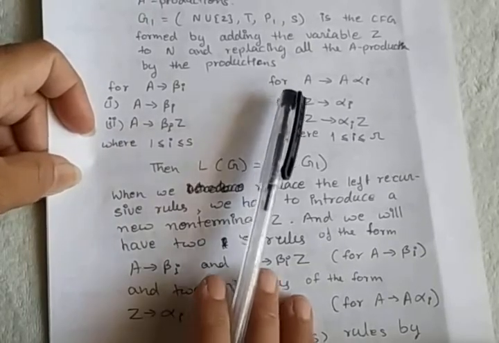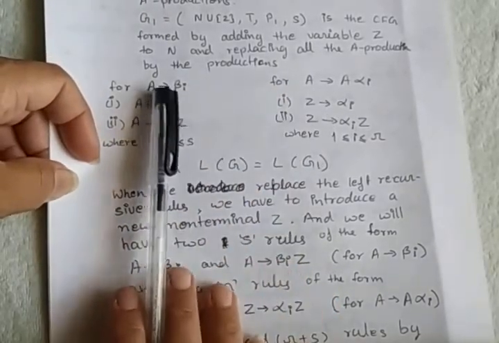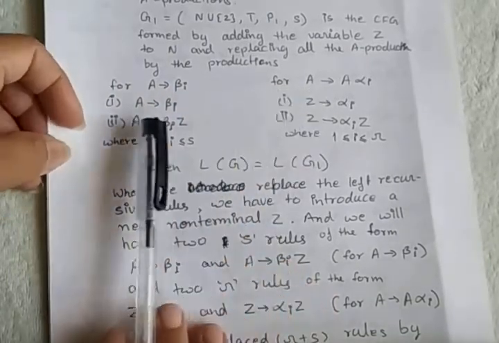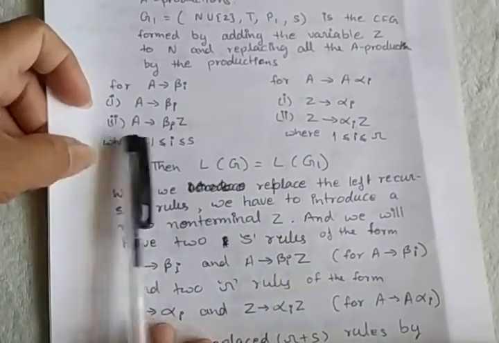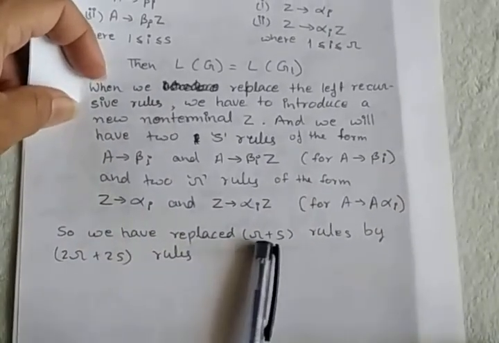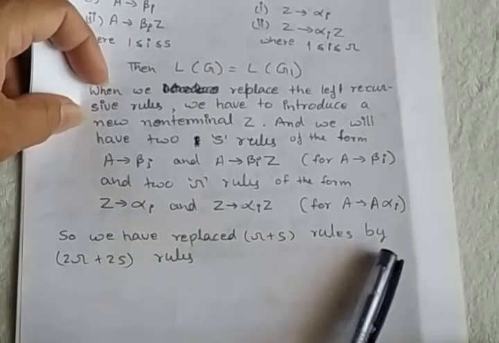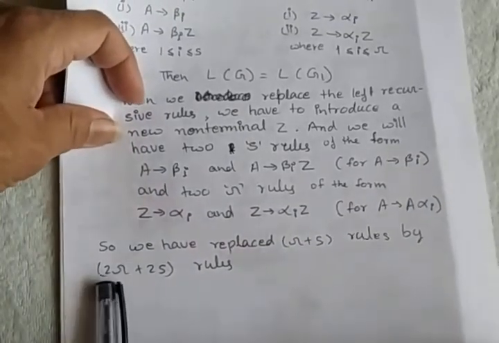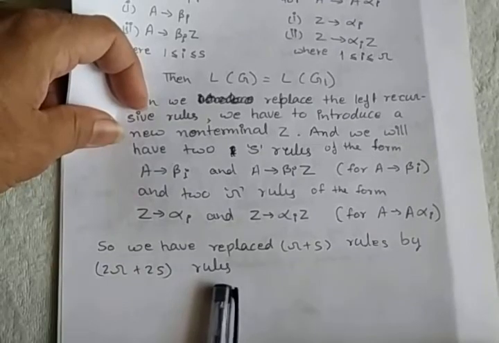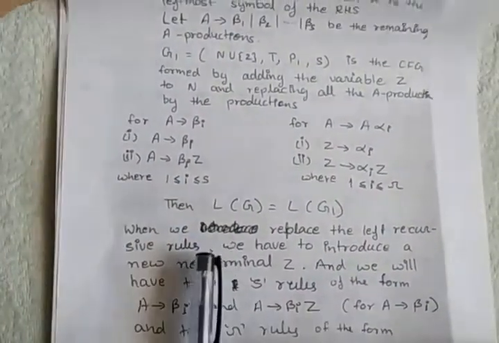So for removing one rule here, we are introducing four rules, right? So if we replace R plus S rules, then we introduce 2R plus 2S rules to the grammar, right? Let's take an example here.